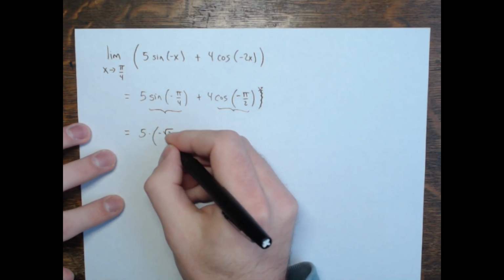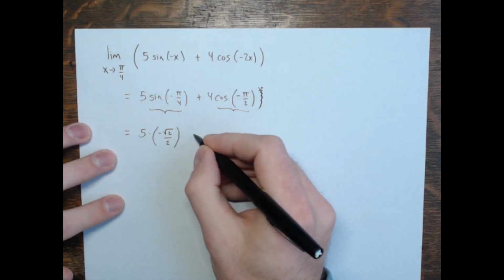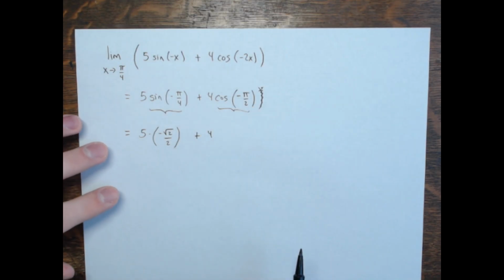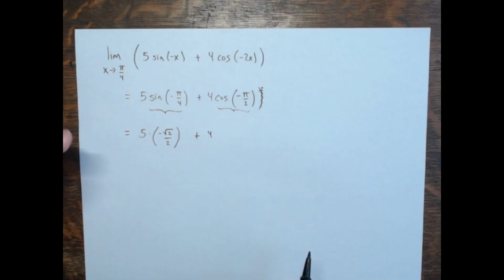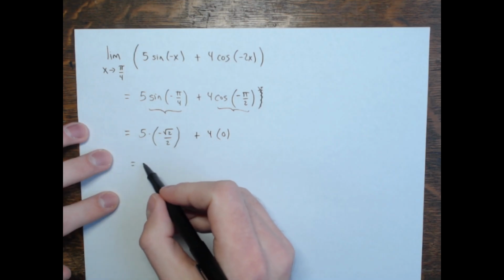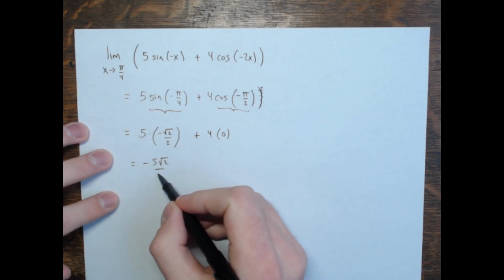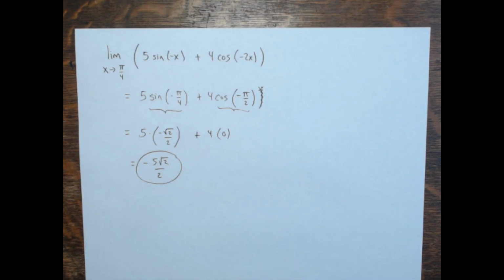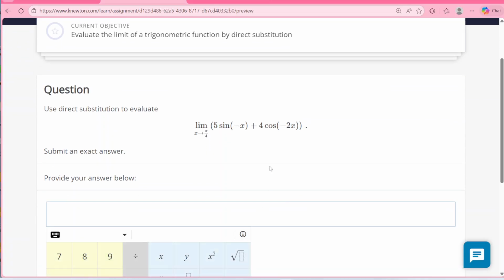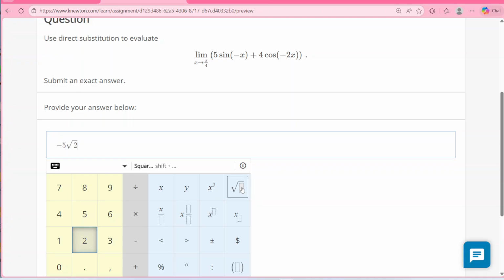So this is negative root 2 over 2, plus 4 times the cosine of negative pi over 2. Remember, cosine of odd multiples of pi over 2 is 0. So this is nothing. So we end up with negative 5 root 2 over 2 for the exact value of this limit. I'm not pulling up the whole unit circle and going over all that with you. This would be negative 5 times the square root of 2 divided by 2.